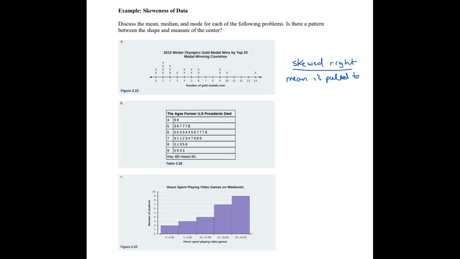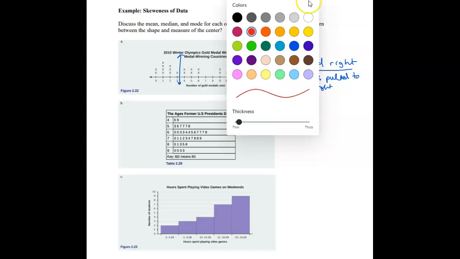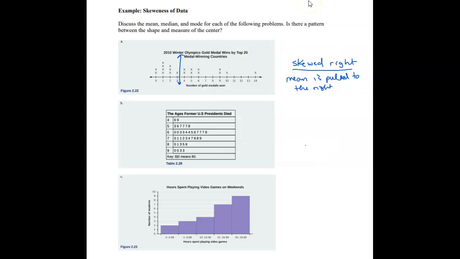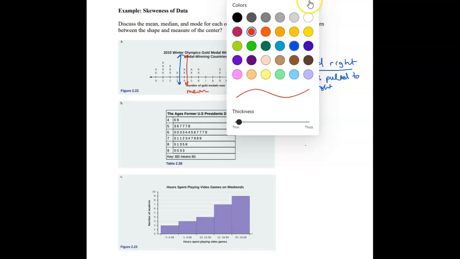Now the median doesn't change much if you remove that outlier, so the median is somewhere in the middle of the data, but the mean becomes bigger because that bigger data value pulls it to the right. Okay, so this is the mean and the median.